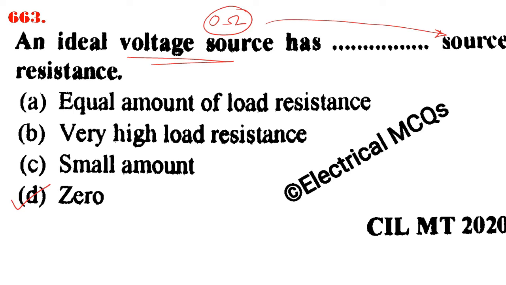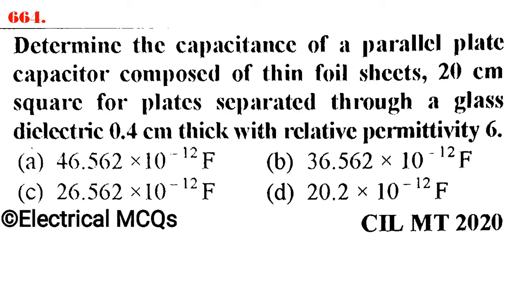And also in this context, an ideal current source has what amount of source resistance? Infinite. For ideal current source, the internal resistance will be infinite. So now we will go for the next question, that is question number 664.